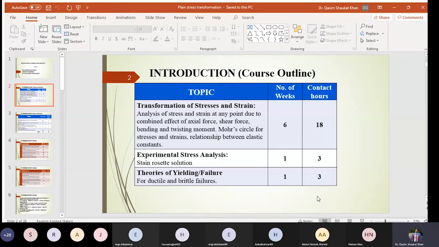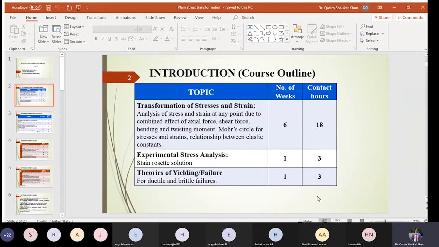In the strain transformation chapter, we will also derive the equations which develop the relationship between stresses and strains using different elastic constants like the modulus of elasticity and the Poisson's ratio.